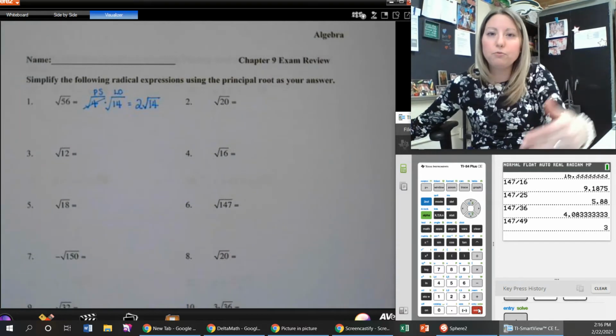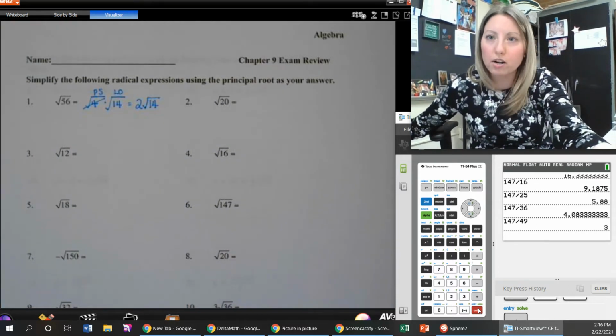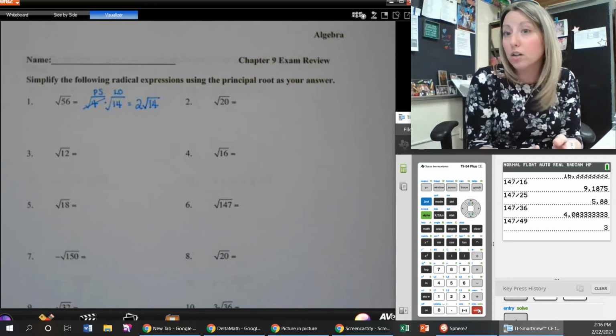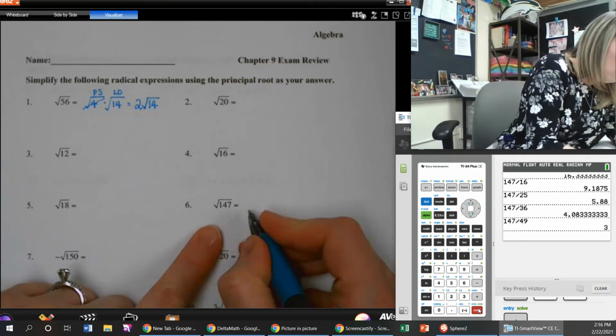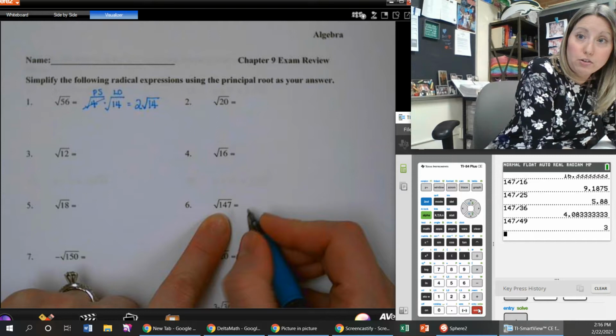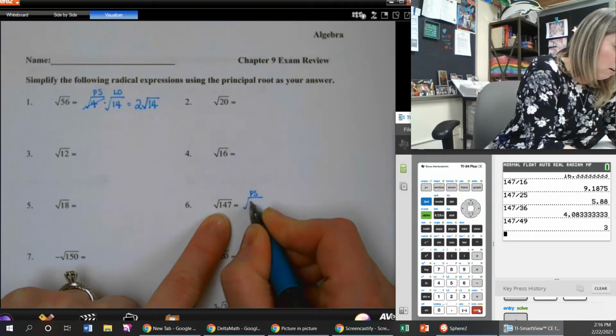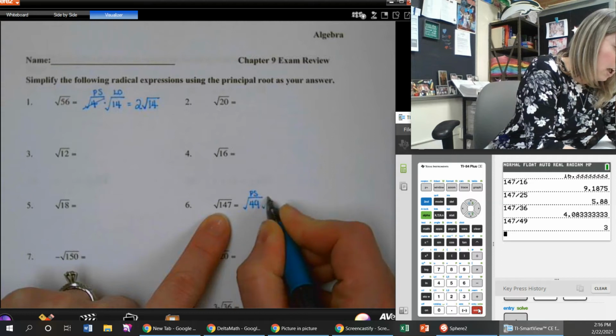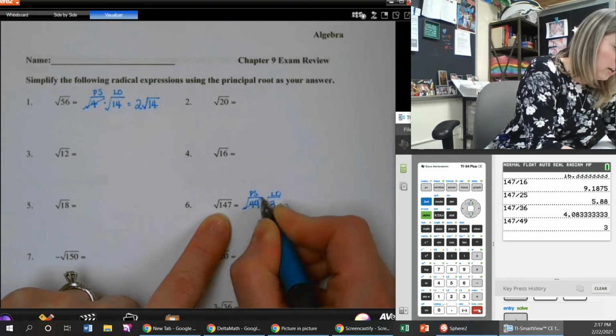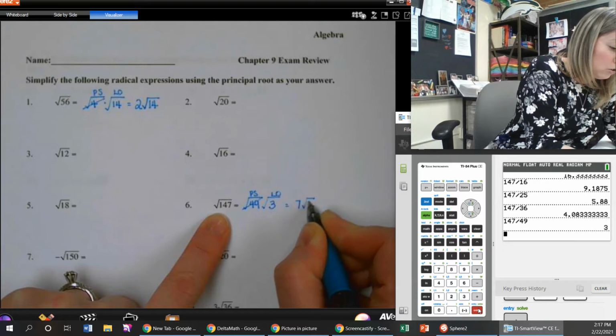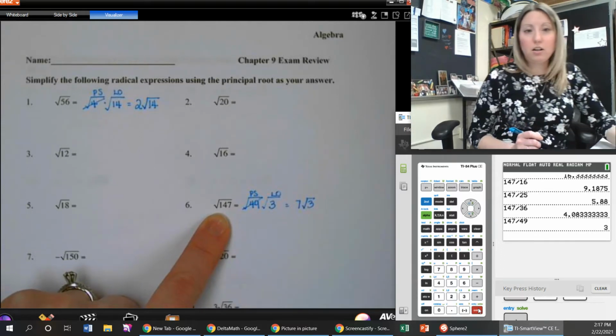So you have to test these perfect squares to find the one that works. Radical 147 divides evenly into a perfect square of 49 and a leftover radical of 3. What's the square root of 49? 7. So 7 radical 3 is my final answer.